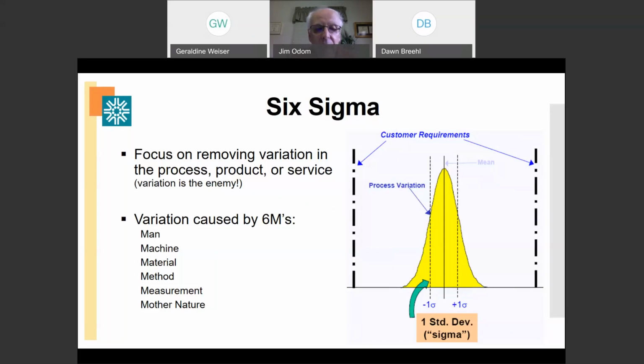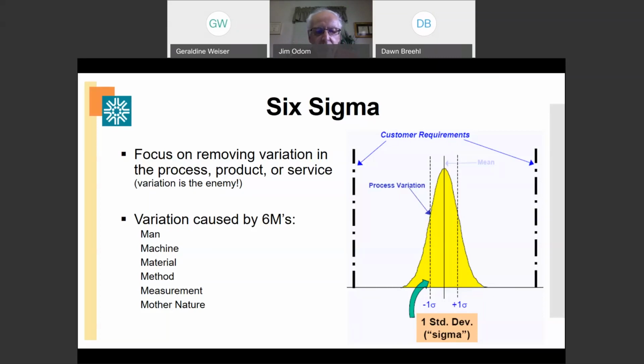How we measure things. In baking that cake or making those cookies, do we use a level scoop of sugar, or do we heap it up? Do we use half teaspoons, 3/4 teaspoons, or a full teaspoon? So measurement is important.